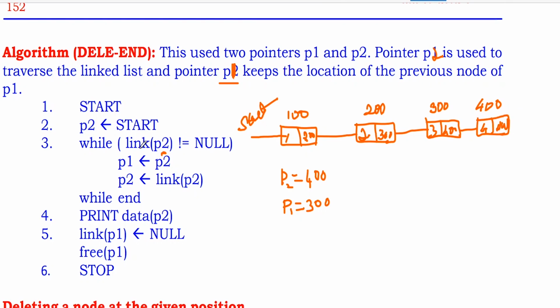Null not equal to null is false, so we stop. We traversed and reached the last node, and we have to delete it. Its previous is P1. Then print data of P2. The data of P2 is 4, so the element 4 is deleted. The value of node 4 is deleted, something like that is the message.